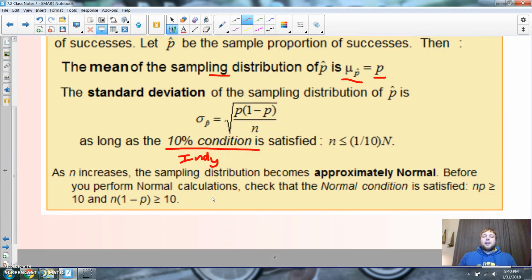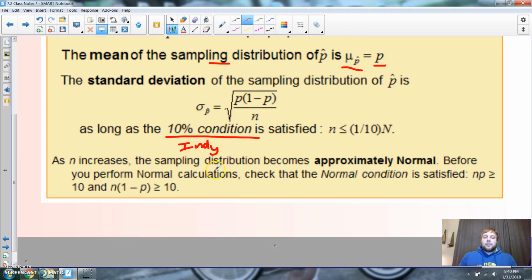But then notice this. As n increases, the sampling distribution becomes approximately normal. Notice, we had a normal curve, right? As n increases, it gets more normal, more normal, more normal. Before we can start doing z-score stuff, because z-score stuff works on normal curves, we got to make sure it's normal.